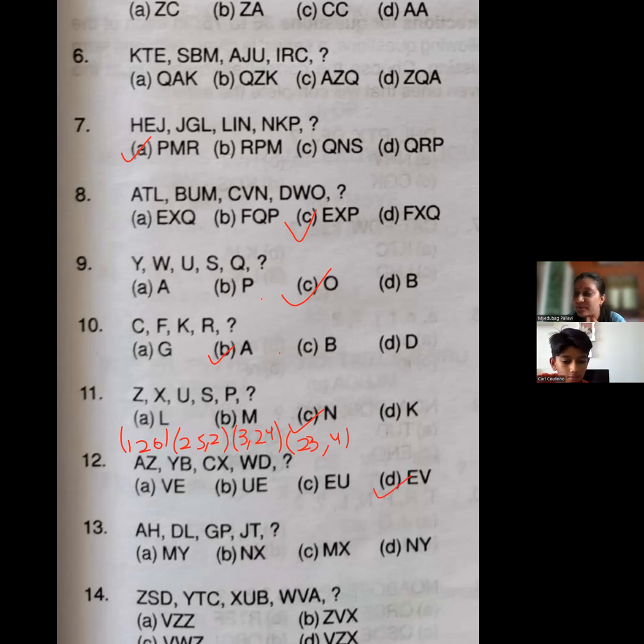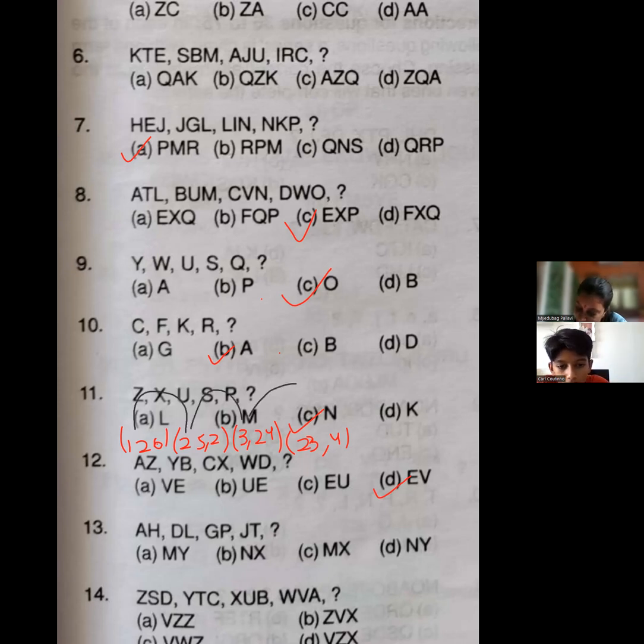The first letter increases by 1, the second letter decreases by one. Yes, that's correct. And they are in a specific order, right? One is becoming two, two is becoming three, and three is becoming four.